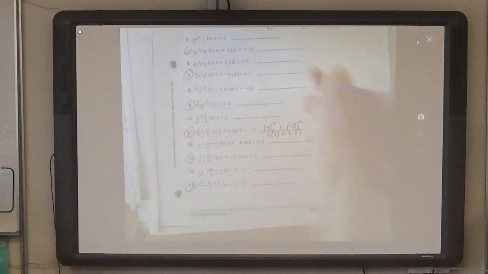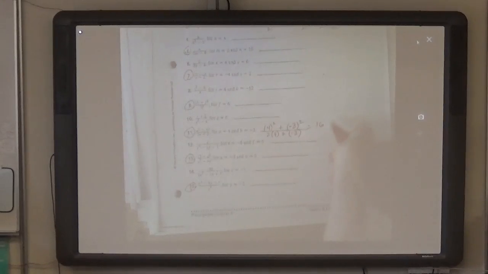So 4 squared is 16, plus positive 9, over 2 times 4 is 8, plus negative 3, which is 25 over 5, which is 5.